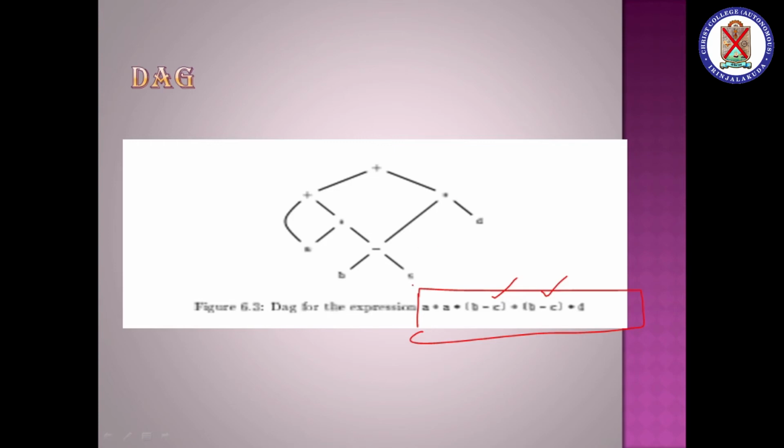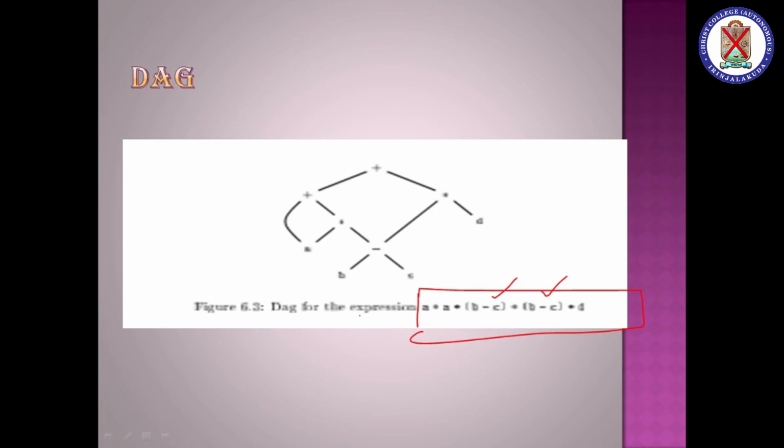So every variable or every sub-expression must be presented exactly one time. If it is presented more than one time, it is called redundant. So we must avoid redundancy, because after intermediate code generation we are moving to code optimization. Redundant code means it is not optimized, so we must provide an optimized representation.